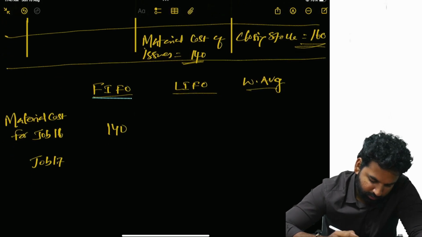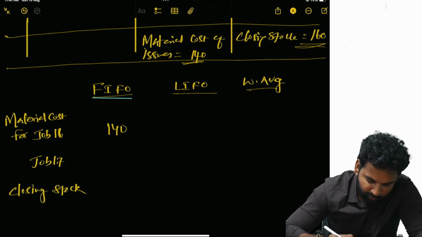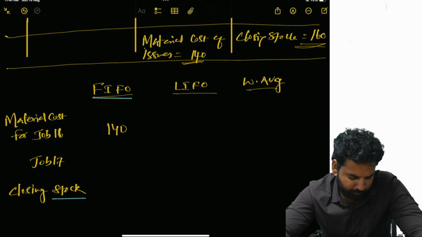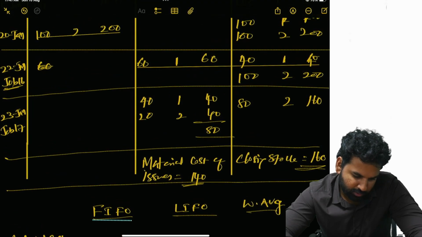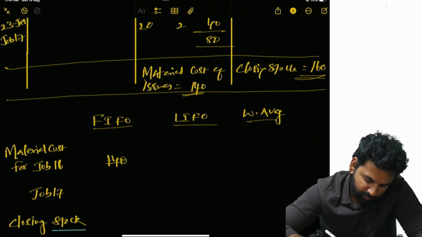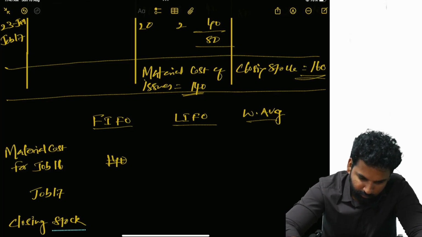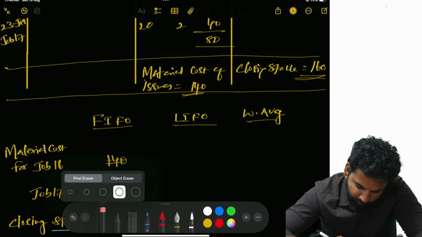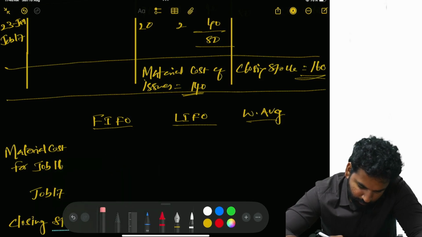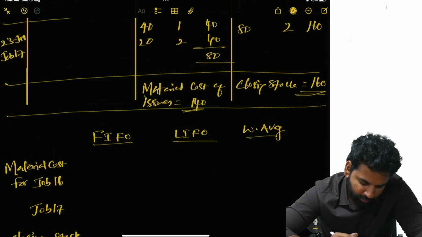Next, closing stock. Okay. Job 16, what is the cost? 60 rupees.